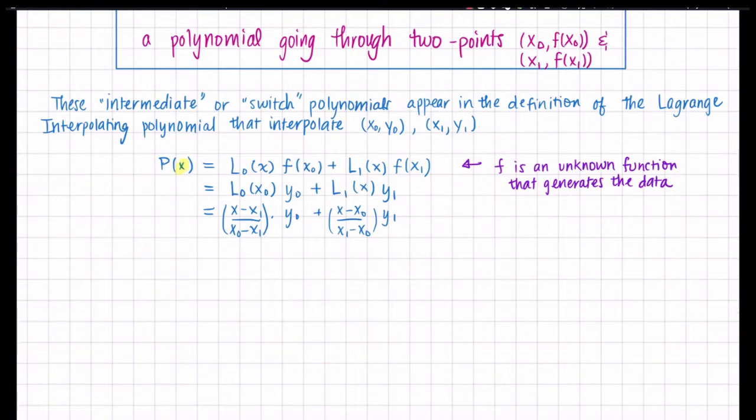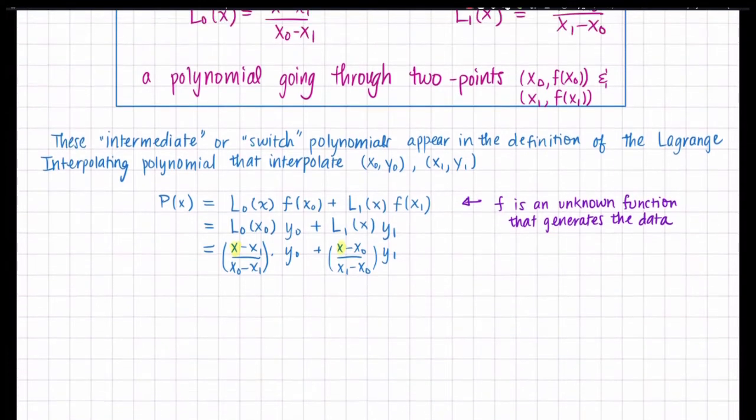First of all, here's the independent variable, right? The x here and here. Now when we switch x with, let's say, x1, when I put x1 here, x1 minus x1 would be 0. But when I put x1 here, x1 minus x naught divided by x1 minus x naught is 1.